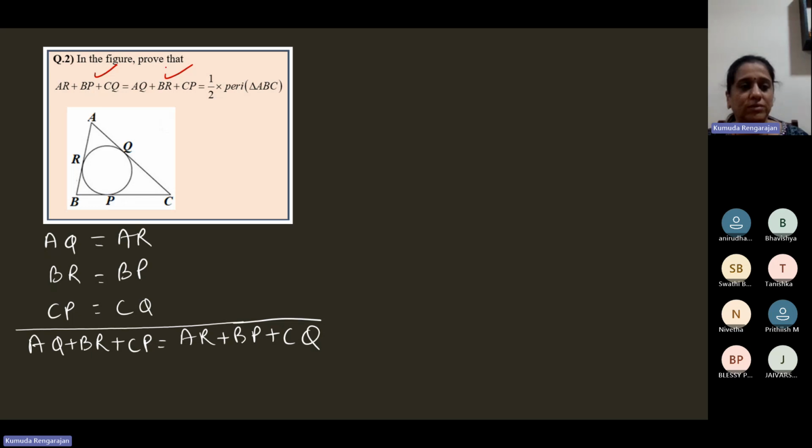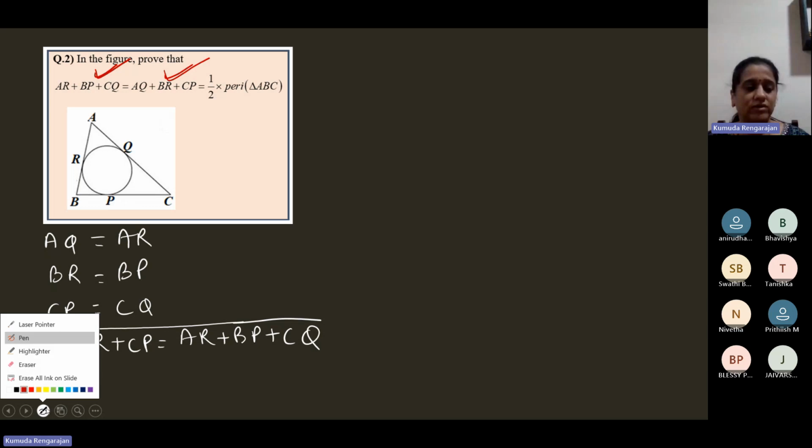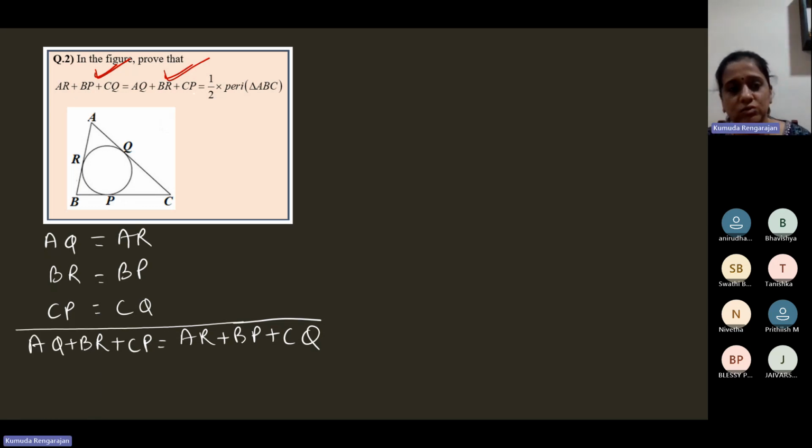When you add, you get AQ plus BR plus CP is equal to AR plus BP plus CQ. Simple. So the first part we proved. Now we'll have to show that these two are equal to half the perimeter of triangle ABC.